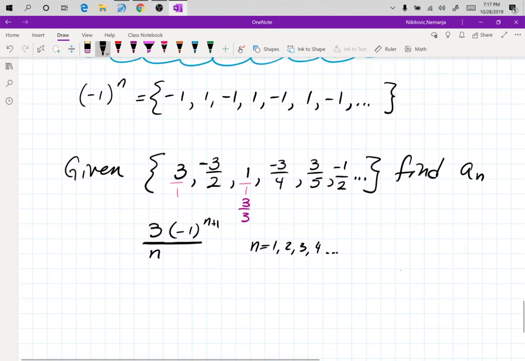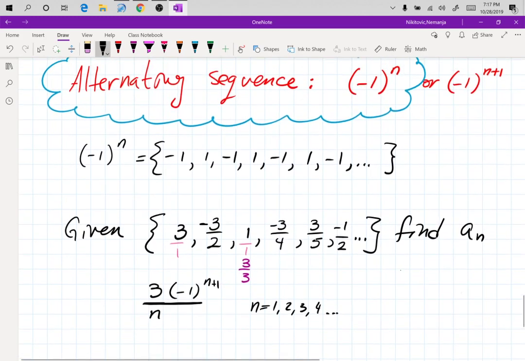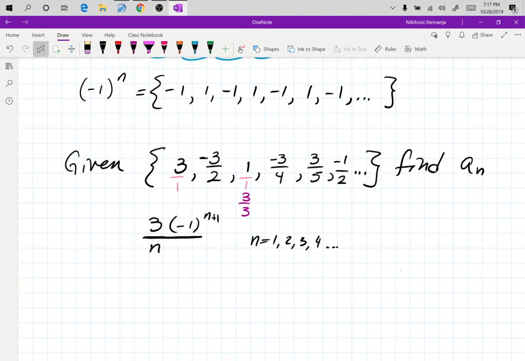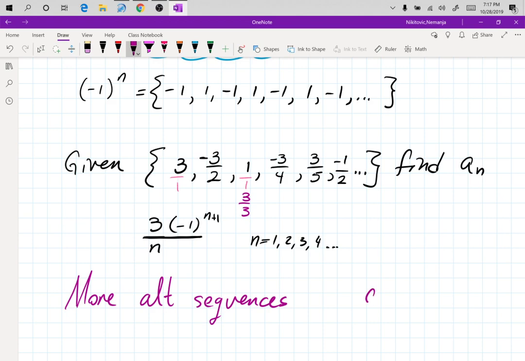So you can play these games and figure things out. Oh, here is another. Let's use purple. More alternating sequences, obviously, dare I say obviously, cosine n pi.